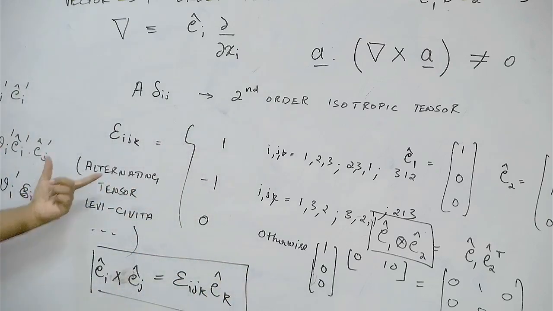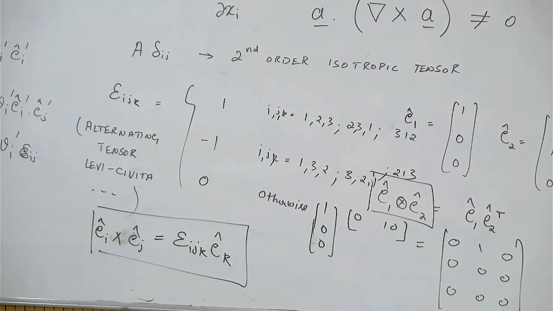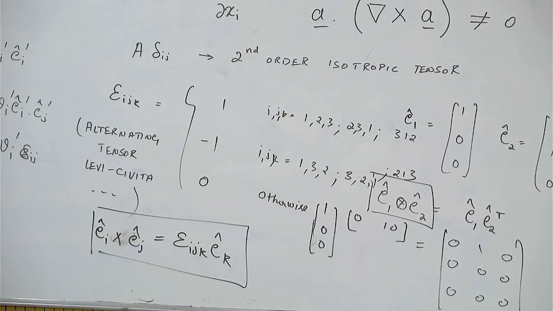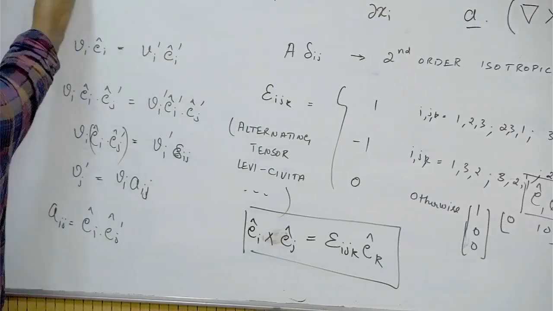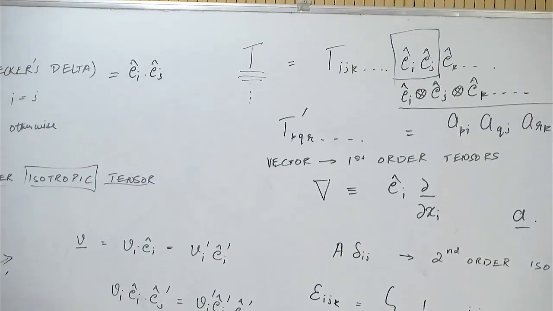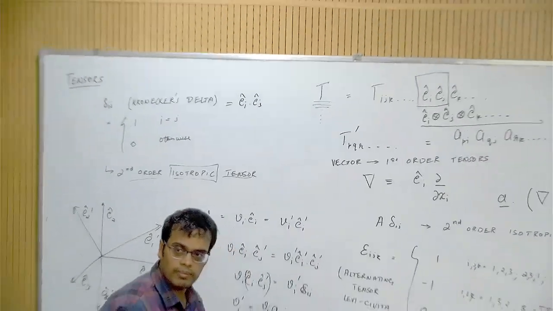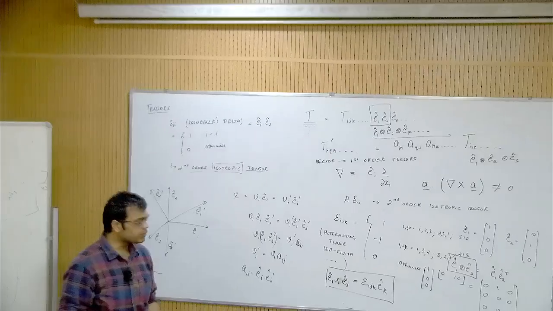So instead of this cumbersome definition, you can relate epsilon_ijk to the cross product of your Cartesian vectors, something very similar to what we did for delta_ij, which we defined as E_i dot E_j. So E_i cross E_j, you can define it like this. This is very straightforward, right?